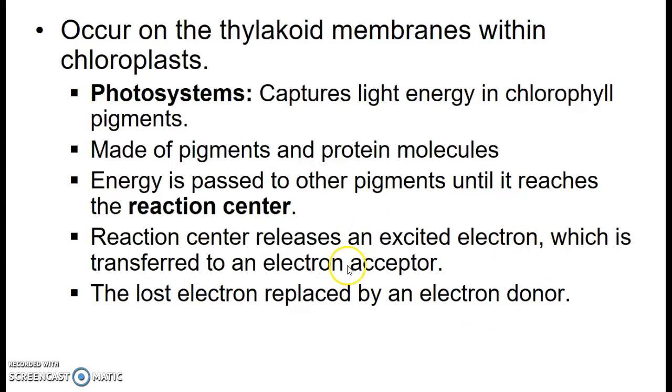And when it says to an electron acceptor, it's a molecule that can accept that electron, the primary molecule or the first molecule in the electron transport chain. And then the lost electron is replaced by an electron donor.